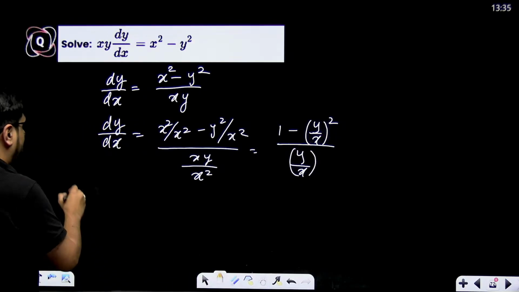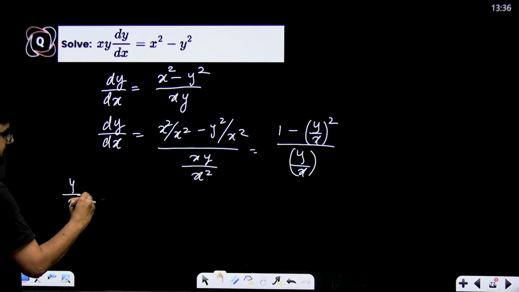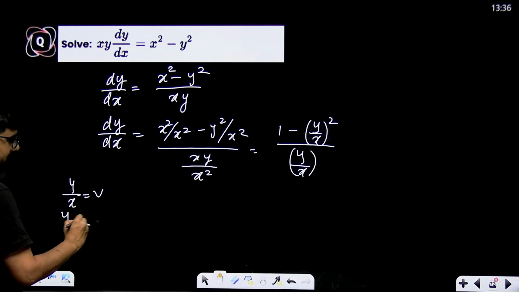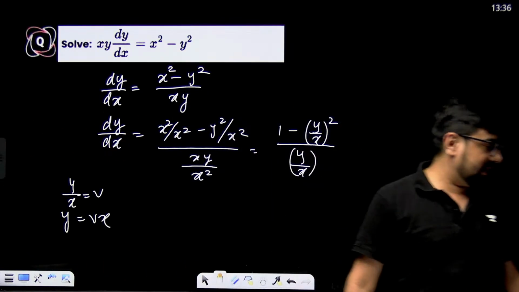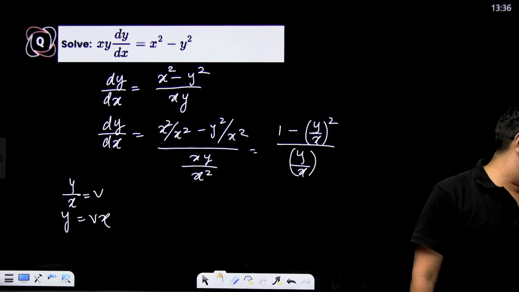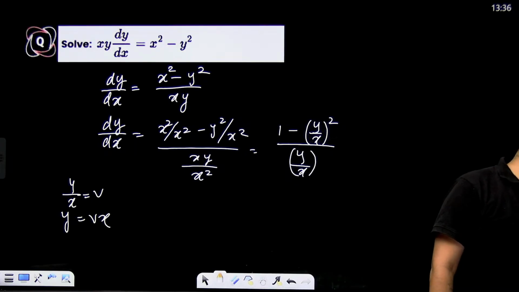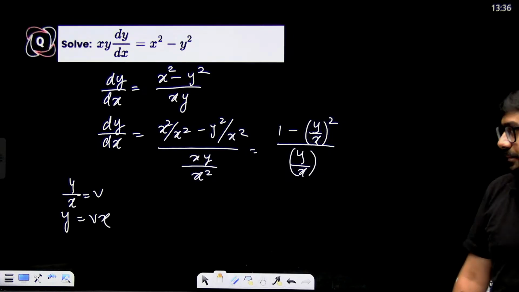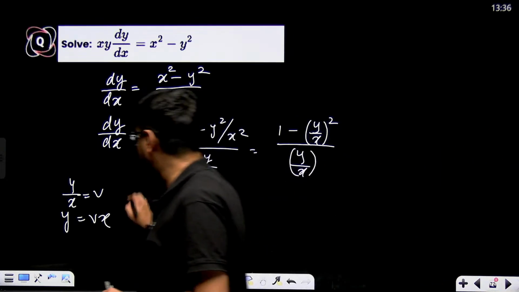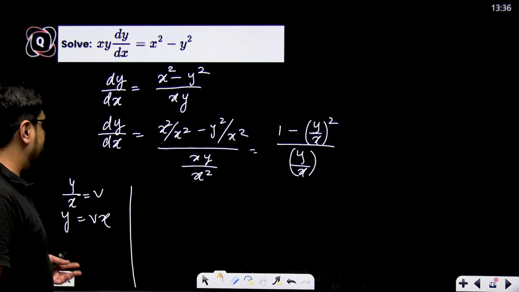Now just take your y by x equal to some v, and y will become vx, and then differentiate on both sides. This is the approach which you should use for a homogeneous differential equation. Now there is just integration which we are going to use.